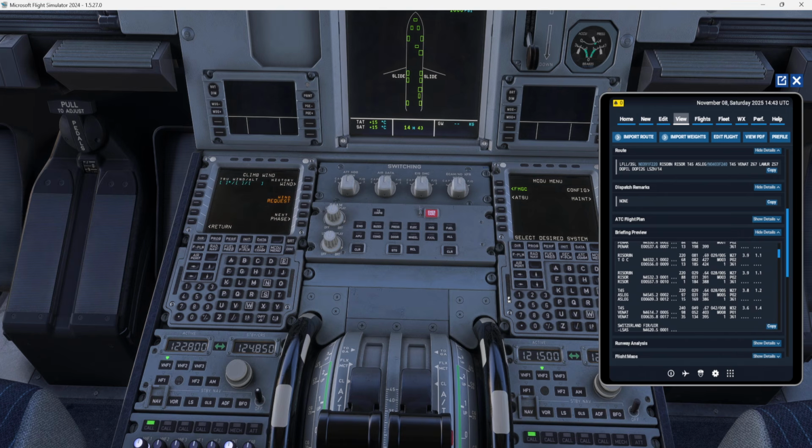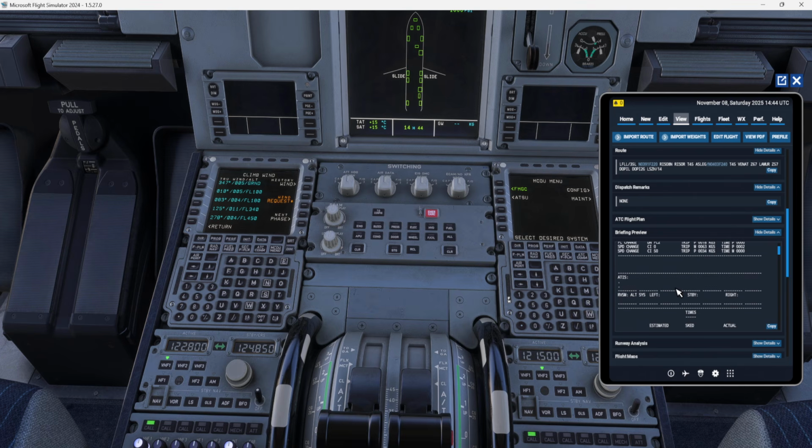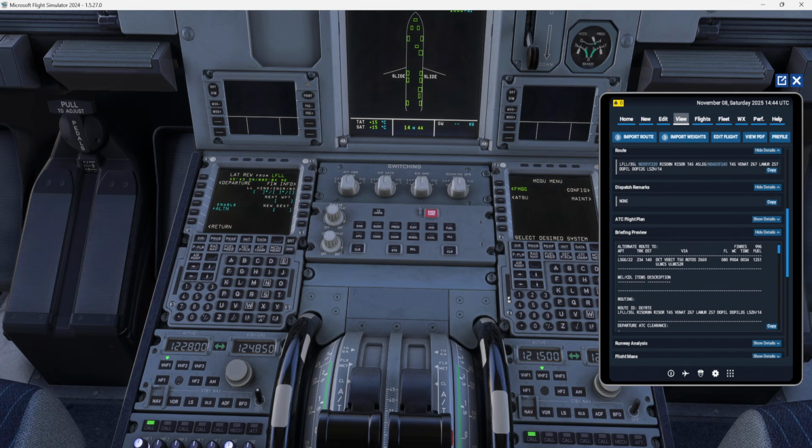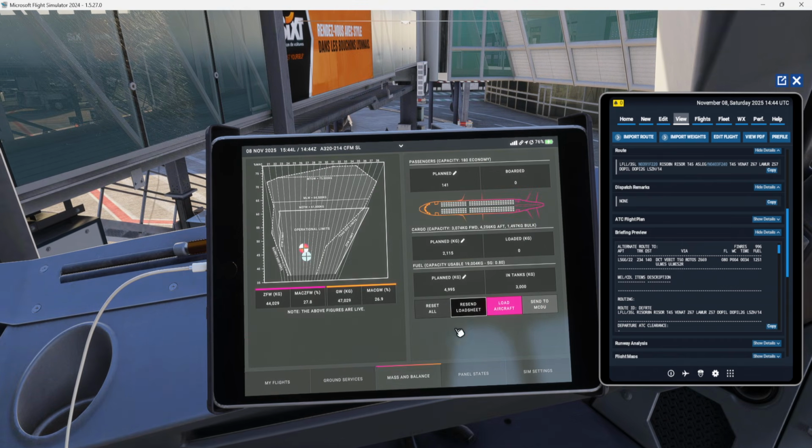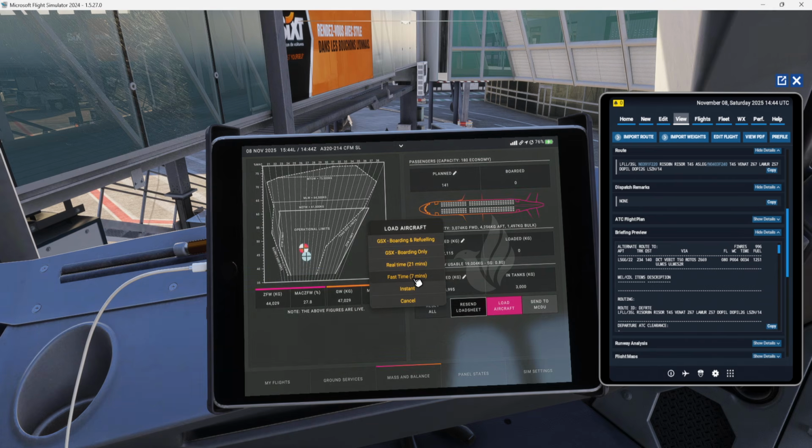We assume that our company has the authorization to do it, so we request and update it. Let's grab the flight plan. So LFLL. Before, to not waste time, I'm going to start uploading the mass and balance.